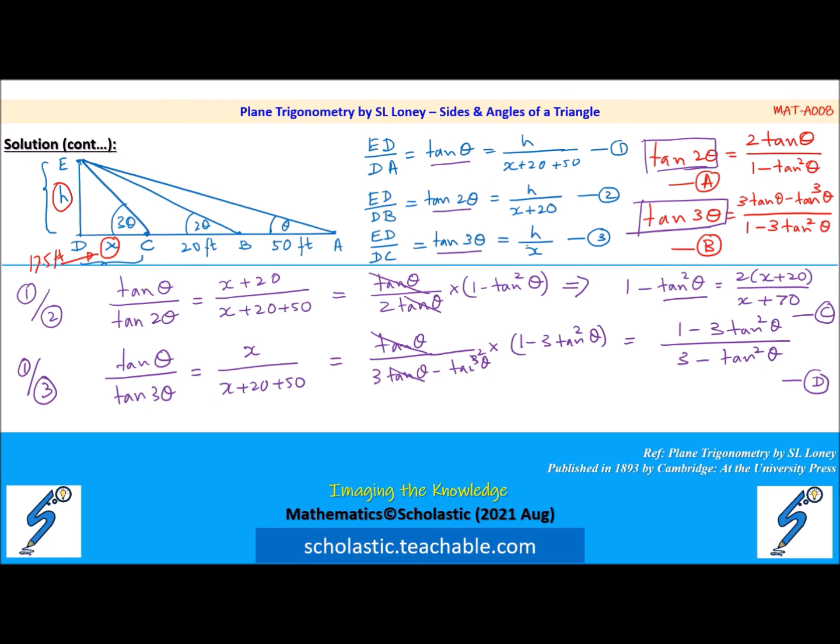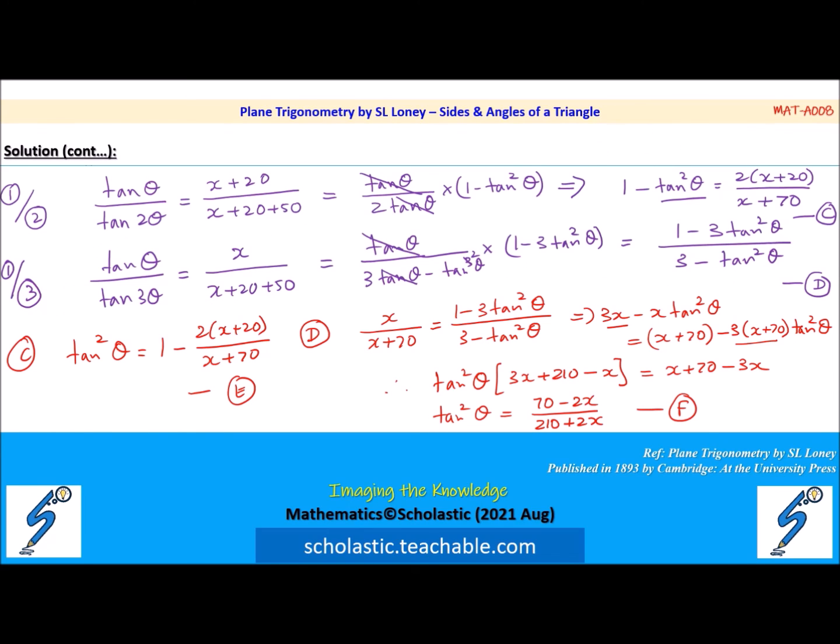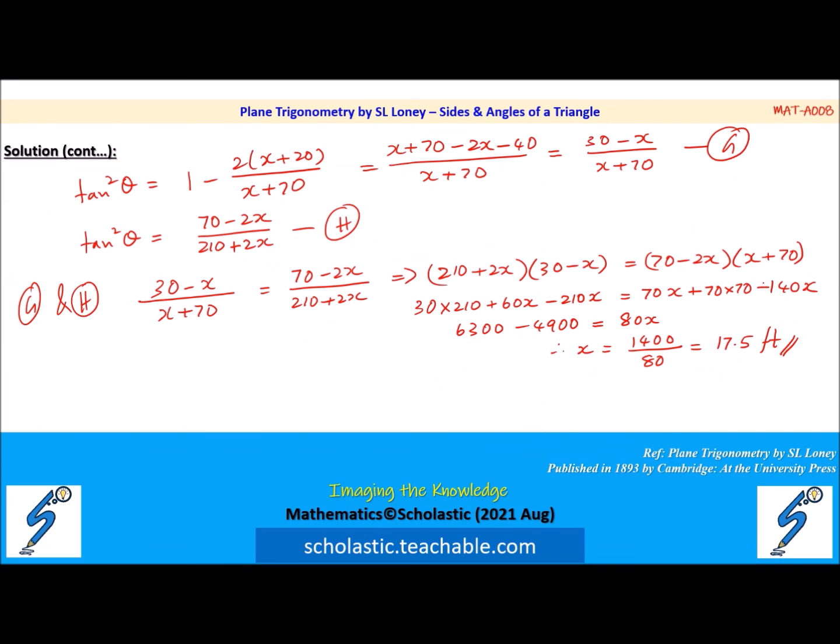So let's try to find tan theta. To find tan theta, we can substitute the value of x into one of these equations. We have tan squared theta here, so let's use this one.